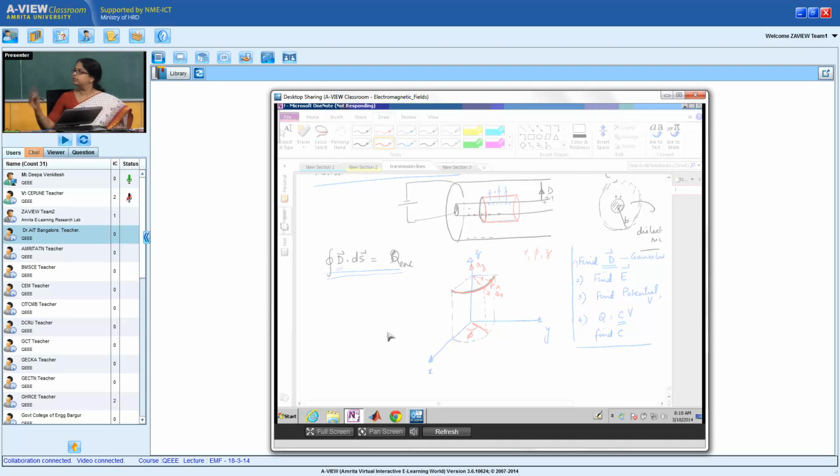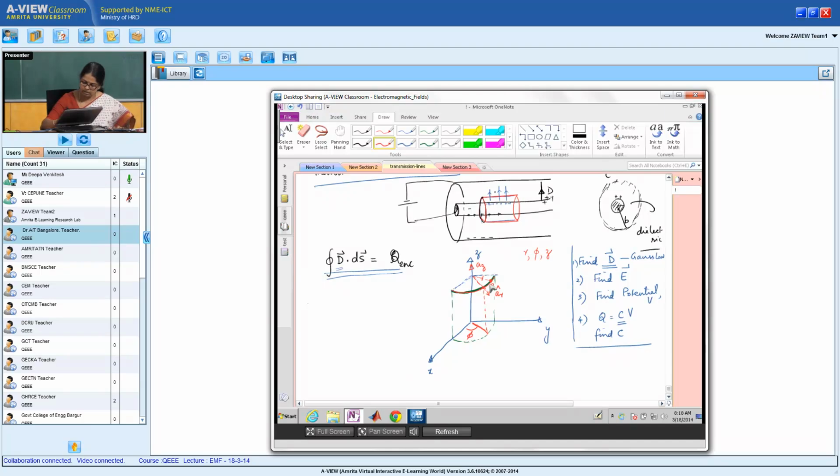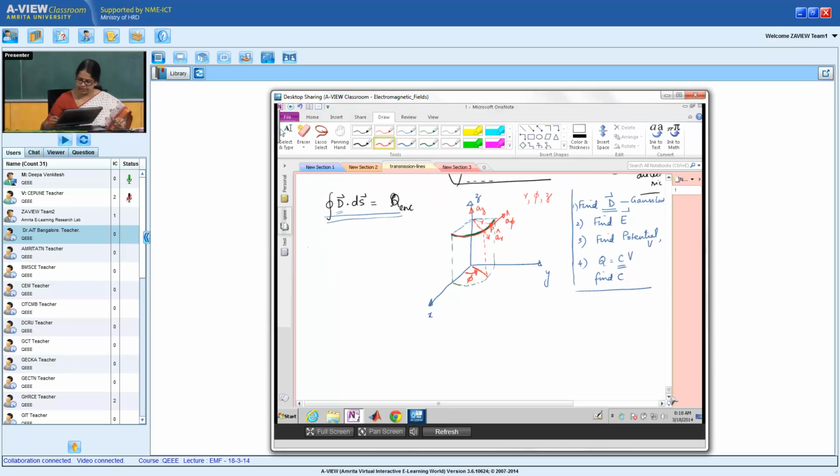Now, should I shift to the board? I can do that. Let's see. So now, what would be the unit vector in the direction of phi? Phi is this angle. The unit vector in the direction of phi is here. All right. So I'm going to be using this cylindrical coordinate system to describe this problem.